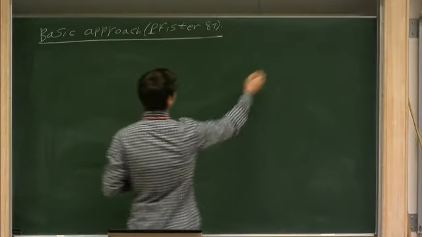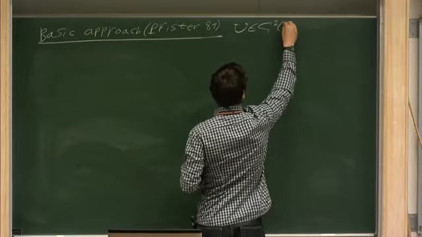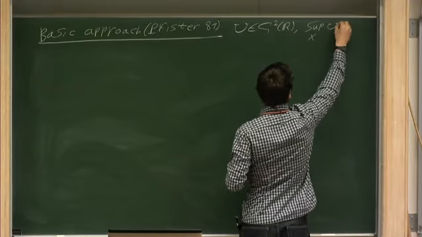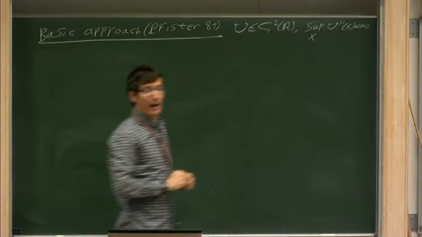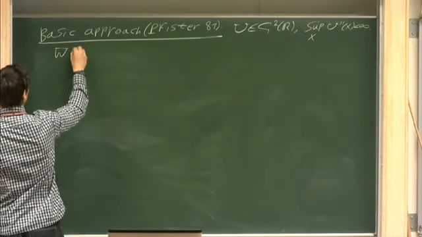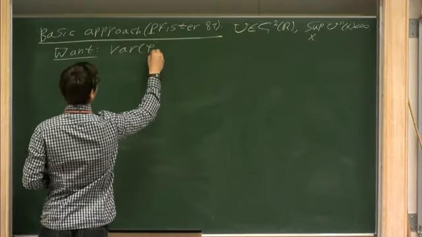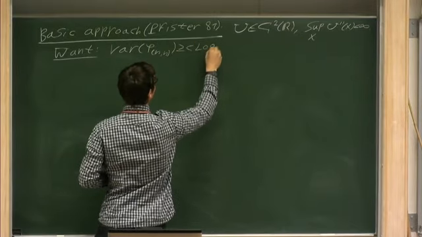In particular, suppose your u is C2 of R, and the supremum over all x of u double prime of x is less than infinity. How would you get the lower bound on the variance? We want that the variance of phi at n is bigger or equal to some constant times log n.